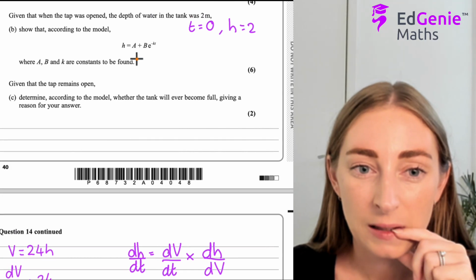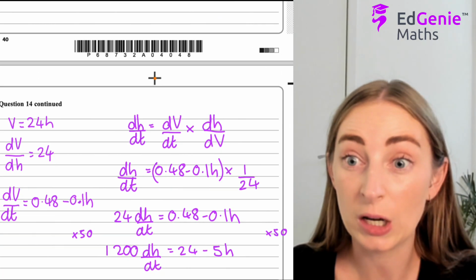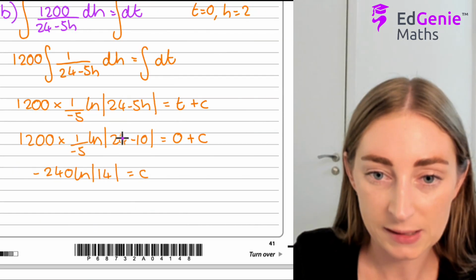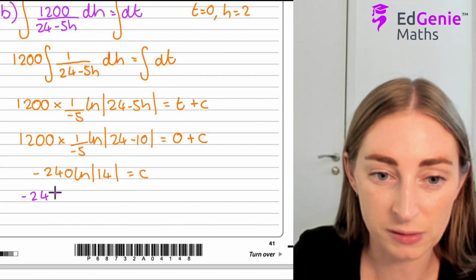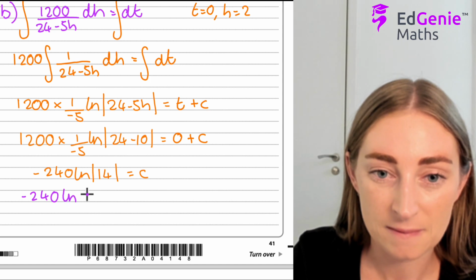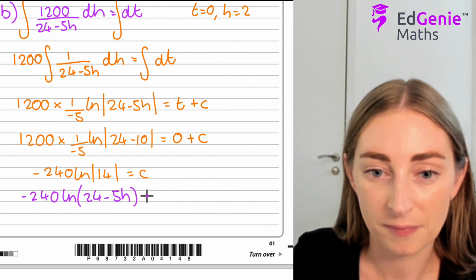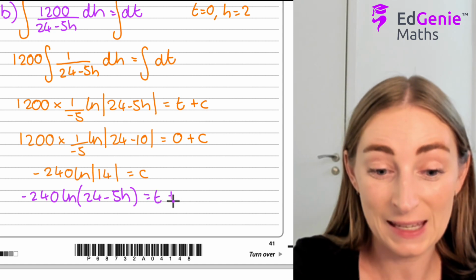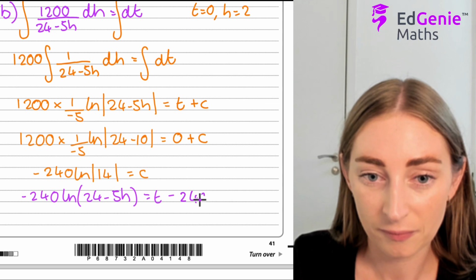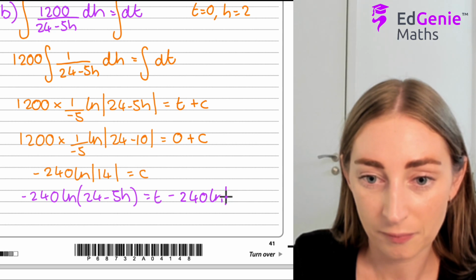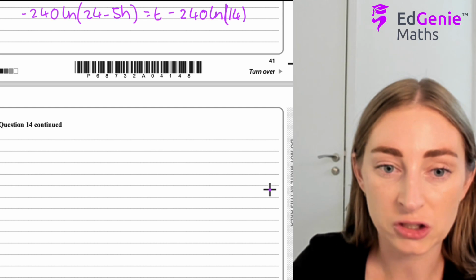So what form do they want it in? Let's have a look. Show that according to the model, it looks like this. So quite a lot of rearranging. So let's substitute back into here. We're going to have minus 240 c, which is... right, a lot of rearranging to do.